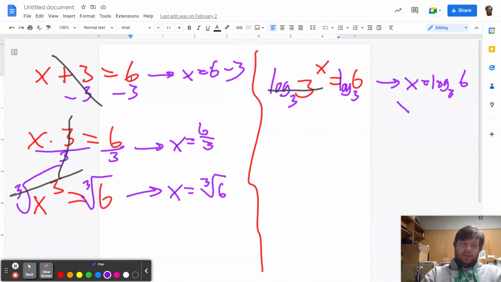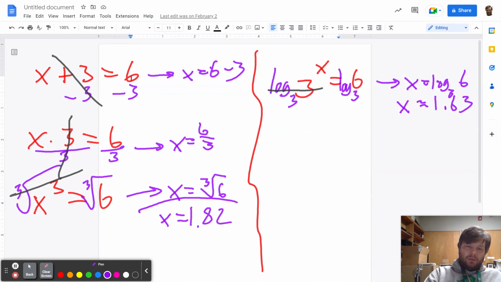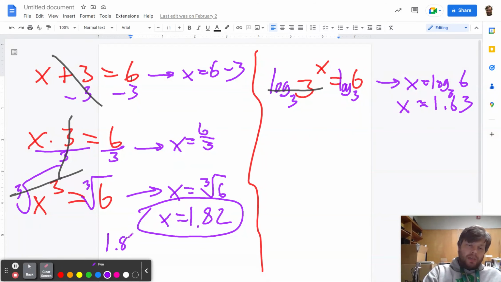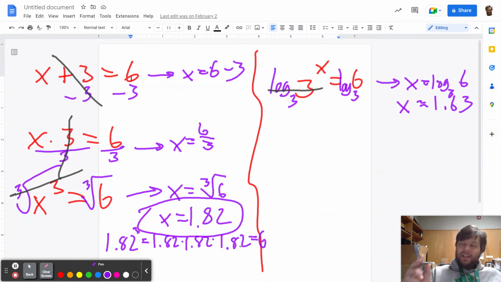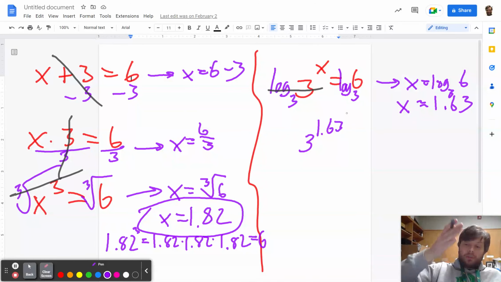Here, I want to really reiterate what I just said because I know that was a bit confusing. This answer, 1.82, means 1.82 cubed. In other words, 1.82 times itself 3 times is equal to 6. And that's a different question than 3 raised to the 1.63. 3 raised to the 1.63 means we're multiplying 3 by itself that many times.